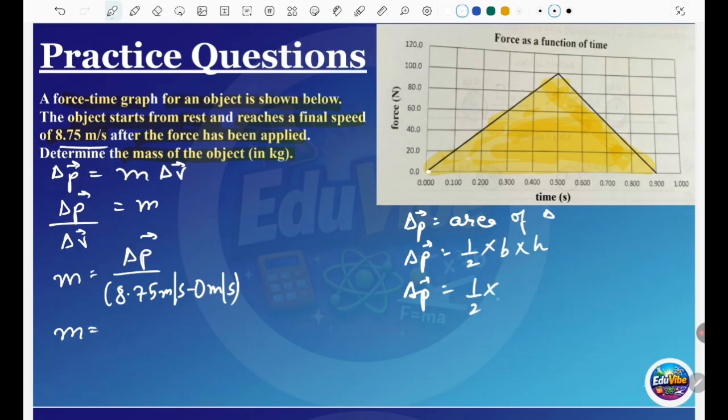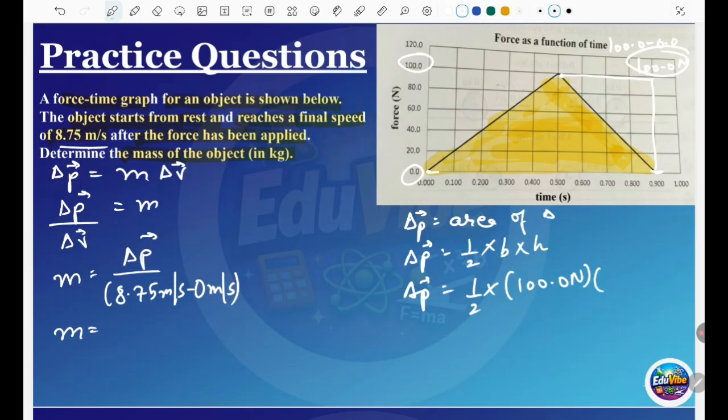Let's find the base and height. For the height, it goes from here to here. So it's from 100.0 to 0.0, which is 100.0 newtons.